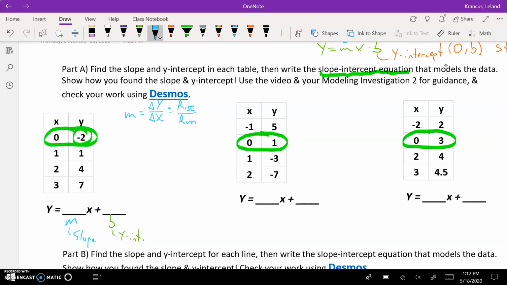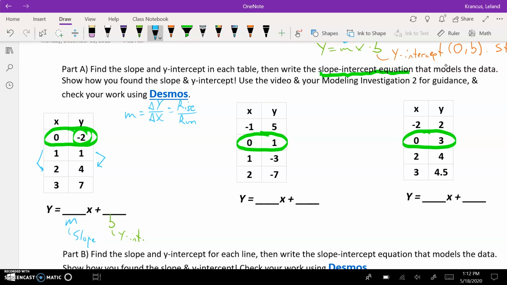And so when we're looking for the slope in a table, you can choose any 2 points to find your slope. So for example, in this one, I'm actually going to use these points. So 1, 1, and 2, 4, just because it's always easier to deal with positive numbers and avoid working with negative numbers if you can. But it doesn't matter which 2 points you pick.